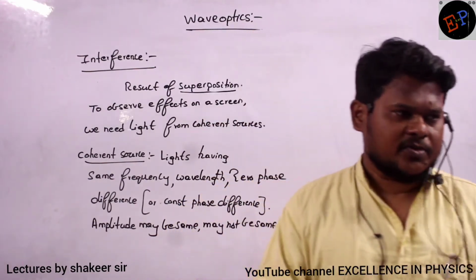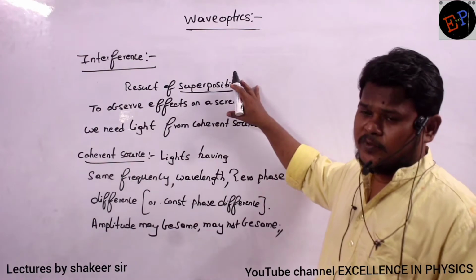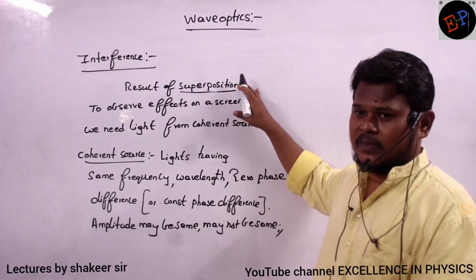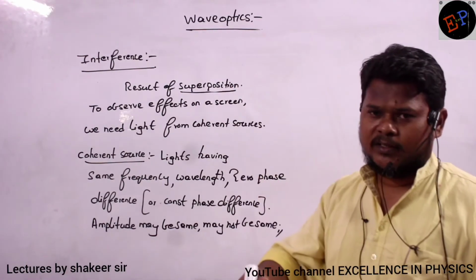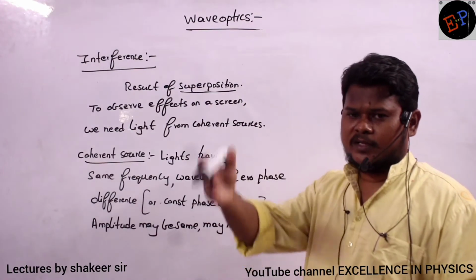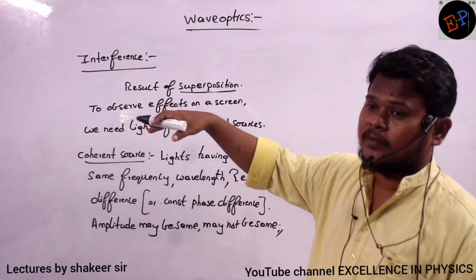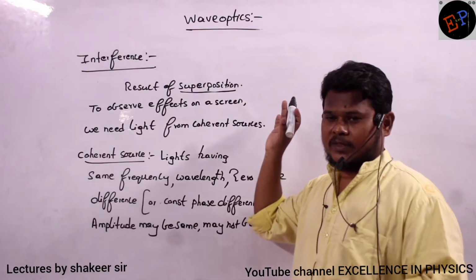That is called superposition. Now, interference means I want to observe this superposition effect on a screen. I want to study, when two waves interfere, what is the pattern that I can observe on a screen? So if I want to observe superposition on a screen, then I need interference.